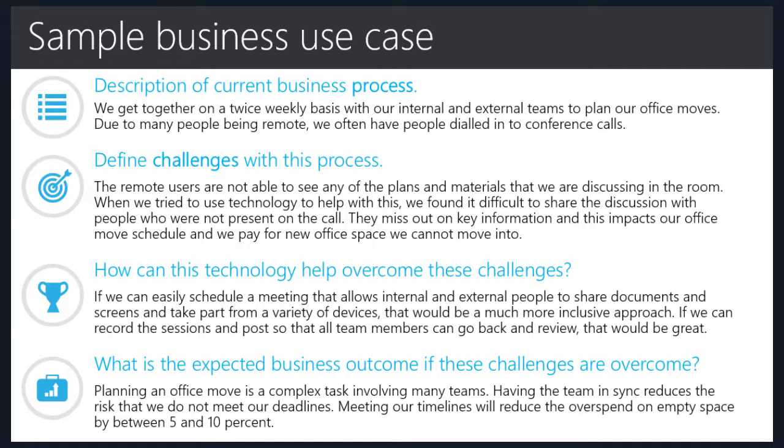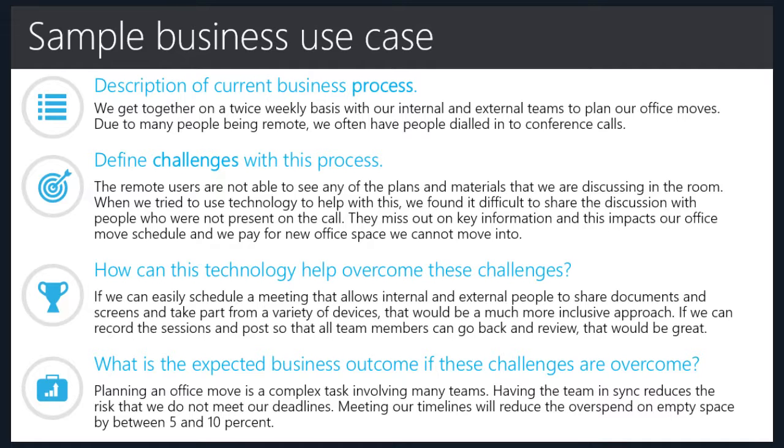It means that they reduce the risk of not meeting their deadlines. When we pushed a bit further on this, we understood what meeting their timelines means. They were saying that potentially there could be the ability to reduce overspend on empty space, and they were estimating between 5 and 10%. And it's at that kind of level of estimation we need to get to with these sample use cases.